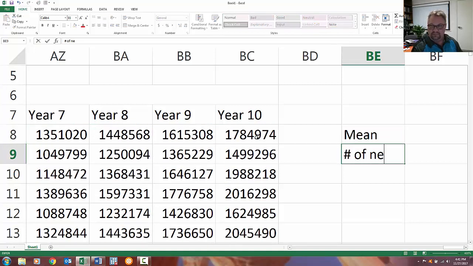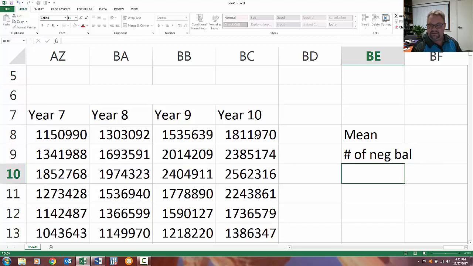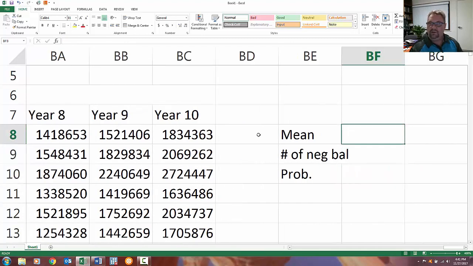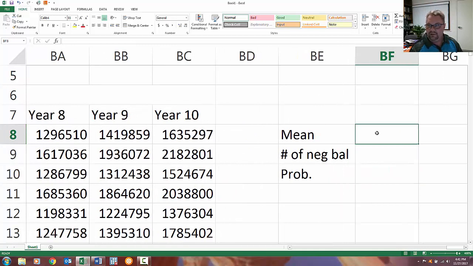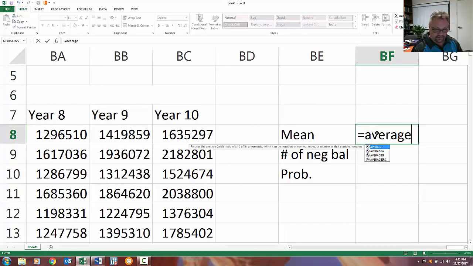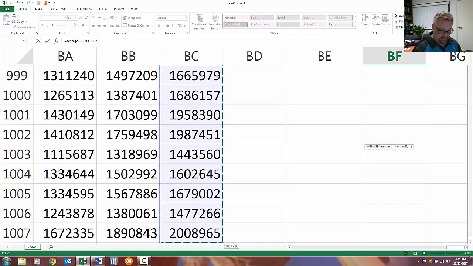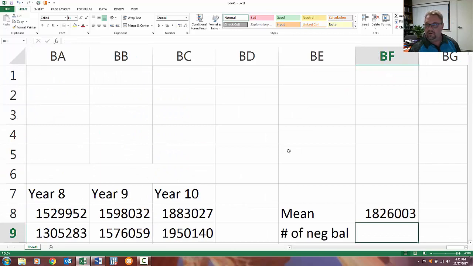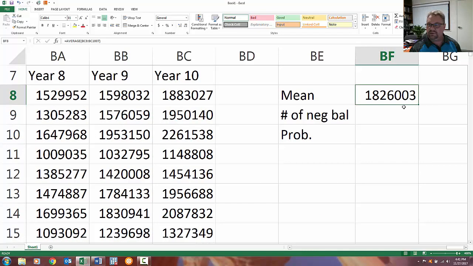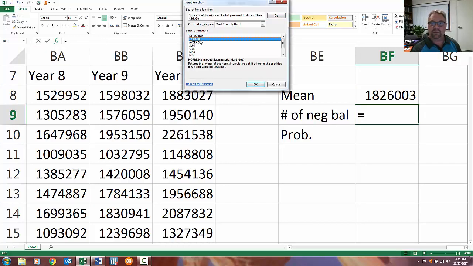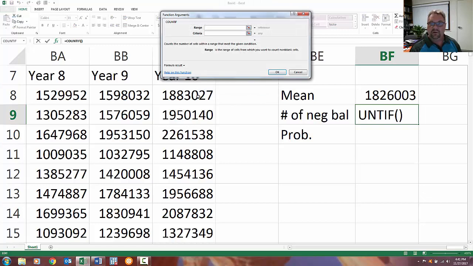Okay, so here are the total funds, and so again I would do the mean. Let's see, number of negative balances, and then the probability. Okay, so this is just the average. No, 1.82, so at least I still have money. Number of negative balances, this is the count if. Okay, so the range is the year 10.